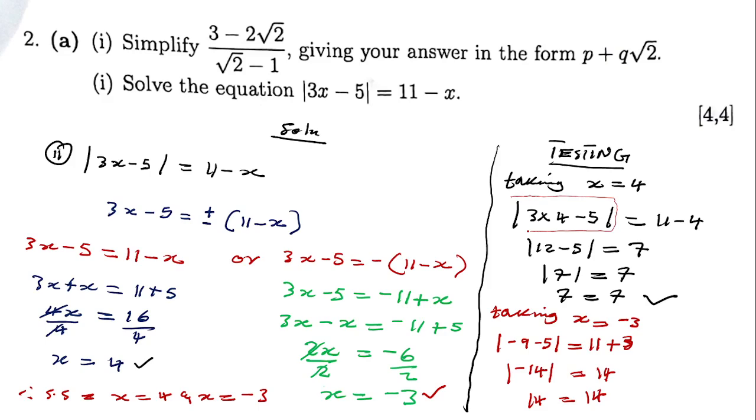In the question, where it is written 3x minus 5 in the modulus, we never had to change the sign after removing the modulus, but here on 14, the sign was changed.